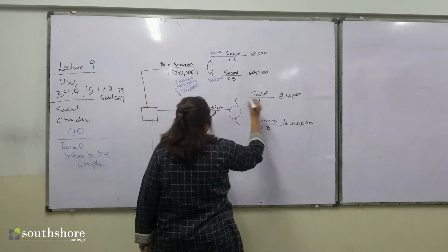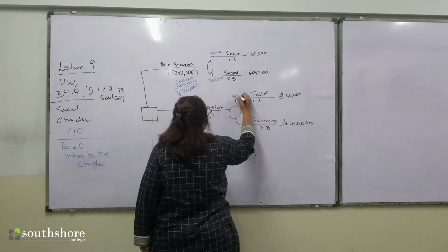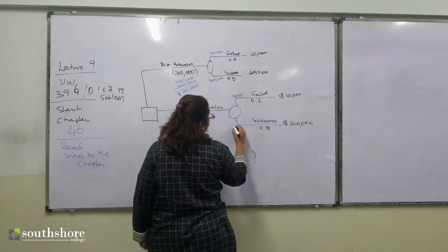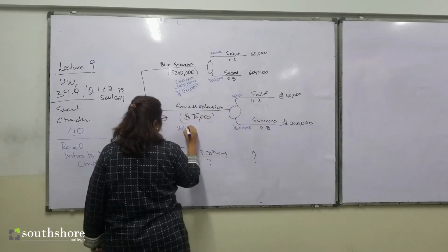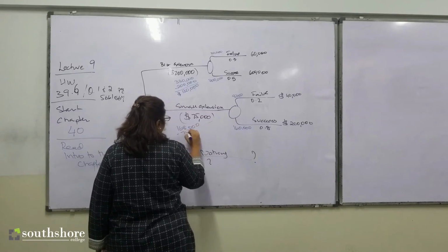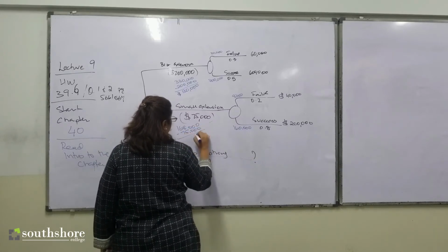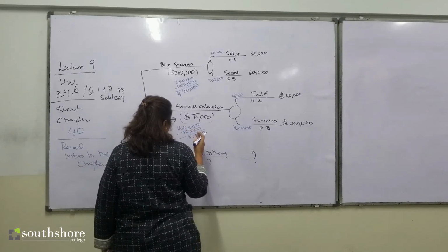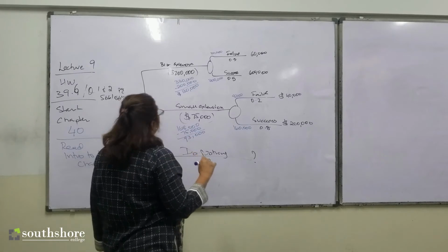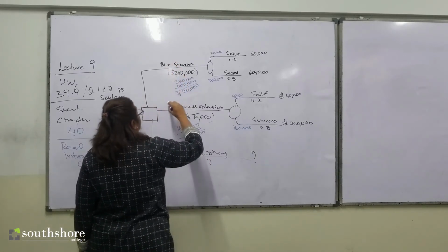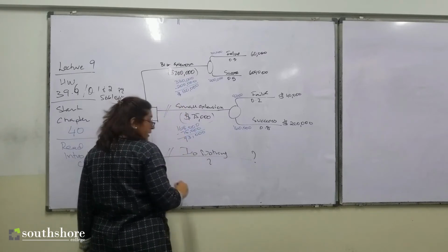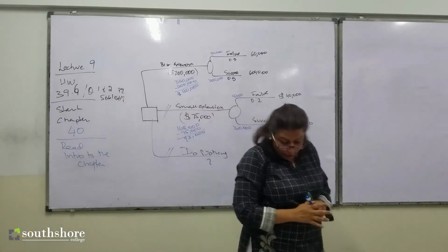Here is 8,000 and 160,000, so 168,000 minus 75,000 is 93,000. So basically, she should go with the big extension. She's making good money going with the big extension.